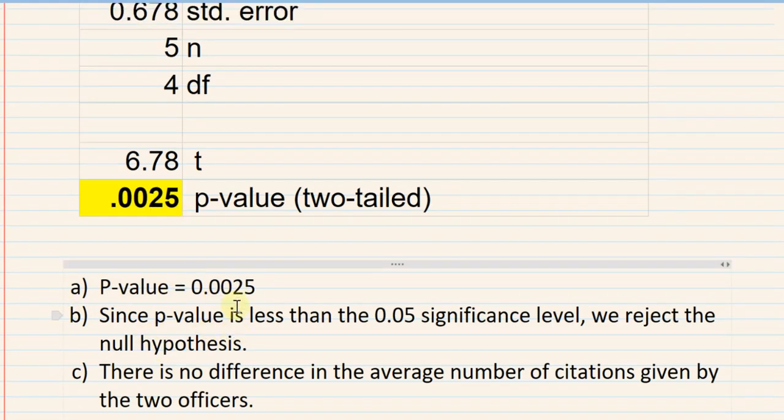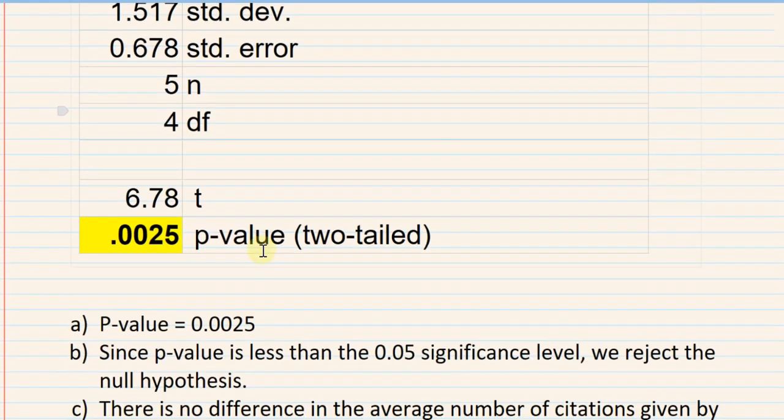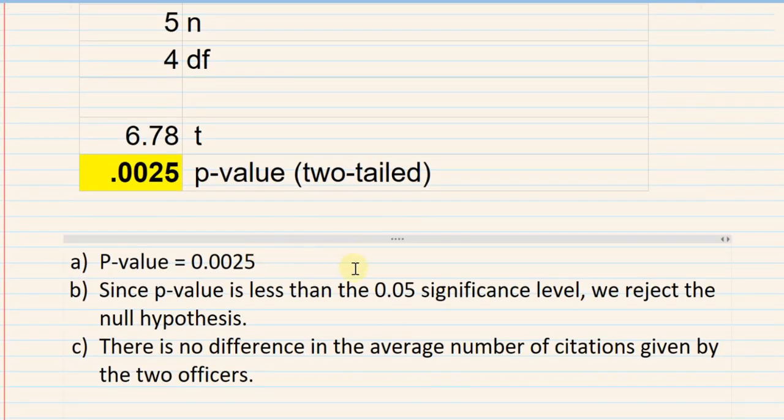Now remember, alpha was 0.05, right? Right up here. See, 0.05 significance level, that's your alpha, the stated probability of a type 1 error. Since the p-value is less than 0.05, 0.0025 is much less than that, we're going to reject the null, and we're going to conclude that there is no difference. Actually, we reject the null.